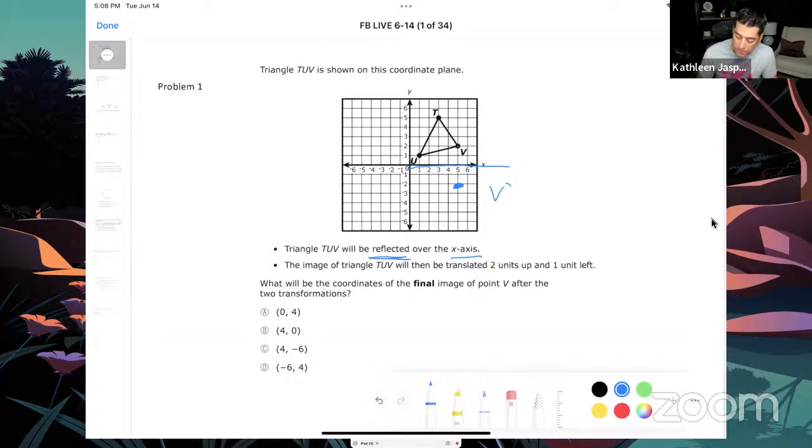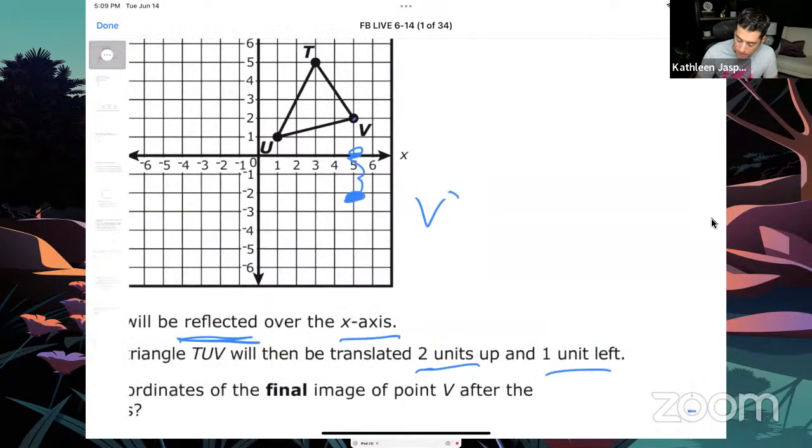So I've done my reflection. Now I need to translate. And when it says translate, it just means it's being moved. In this case, it tells you 2 units up, 1 unit left. Well, that's pretty easy. So I start here and I go 2 units up. So I go 1, 2. I'm right here now. Let me move that line for you. I'm sorry if this is a little small, but I try to fit everything on one screen here.